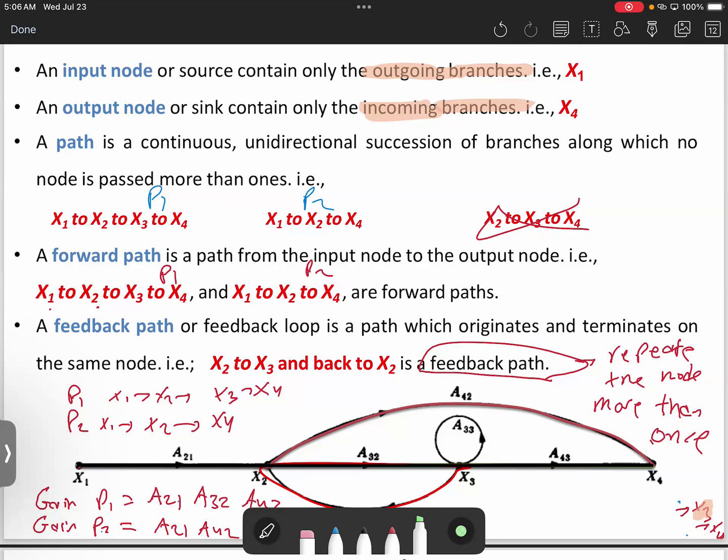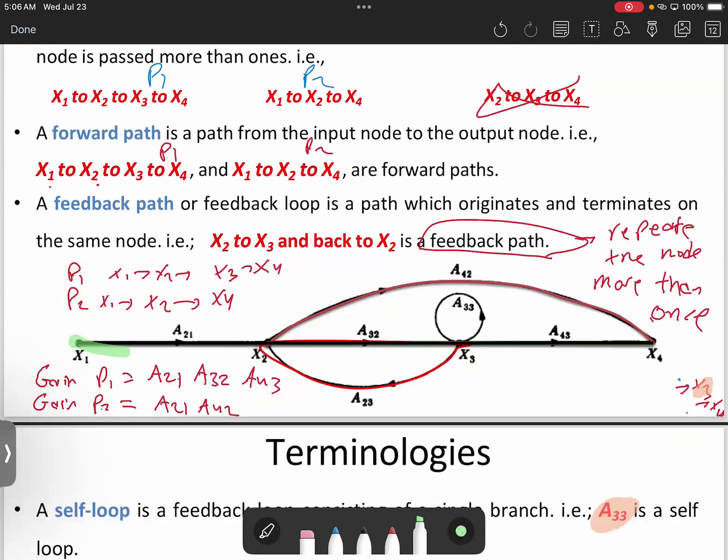A forward path is a path from an input node to an output node. It can be done in several ways: one way, for example, going straight, or another way by going in this path. So these are two paths as an example here.